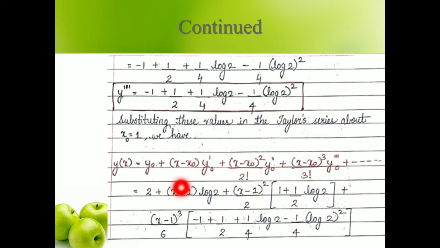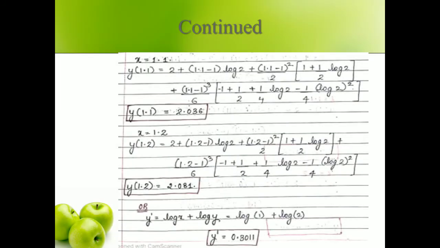We get the equation like this. So it will be 2 plus x minus 1 log of 2 plus x minus 1 the whole square divided by 2, 1 plus 1 divided by 2 log of 2 plus x minus 1 the whole cube divided by 6 minus 1 plus half plus 1 divided by 4 log of 2 minus 1 divided by 4 log of 2 the whole square.